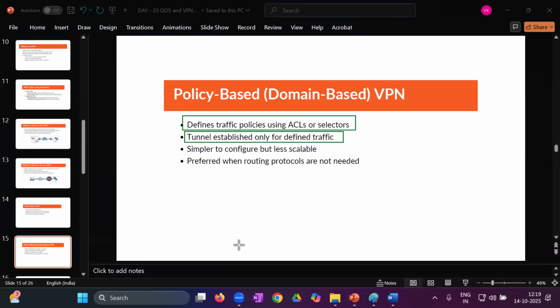Selected services will be transferred using ACLs. It is similar to configure, but less scalable. Preferred when routing protocols are not needed. ACL will be preferred when we have not used the routing protocols. So in the route-based VPN, we use routing protocols. In the policy-based VPN, we use the policy. We create a policy using the access control lists.